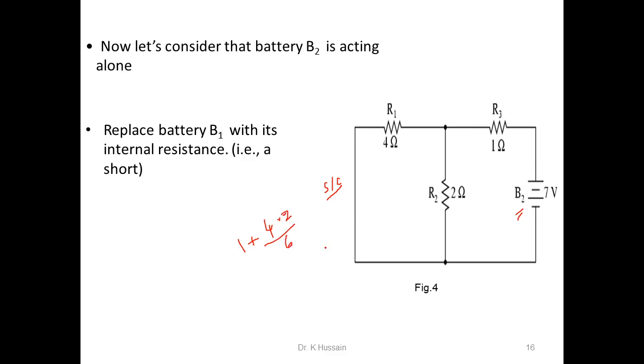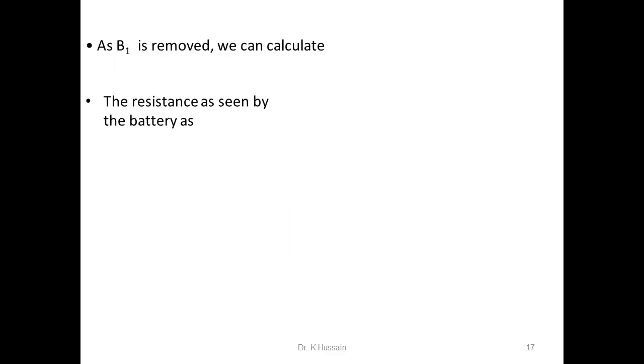Because both are in parallel. What will you get? 1 plus 8 by 6. Okay, now you'll see how it is. Same thing, so 1 plus 4 into 2 by 6. You will get the value of resistance when only the second source is active.